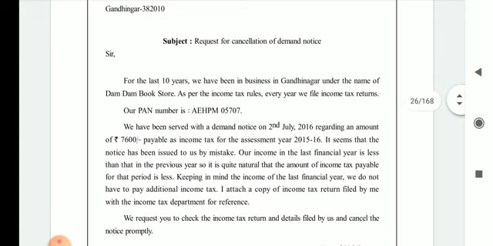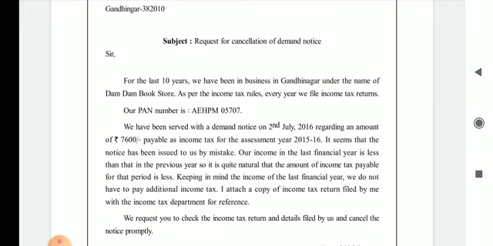But the earlier date is wrong, because it has a 1 year span, and it is not a good sign. So you have to write a date of 2nd August 2017 regarding an amount of rupees 7600 payable as income tax for the assessment year 2015-16.